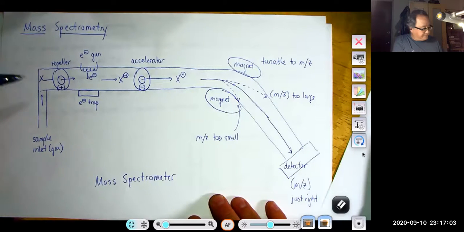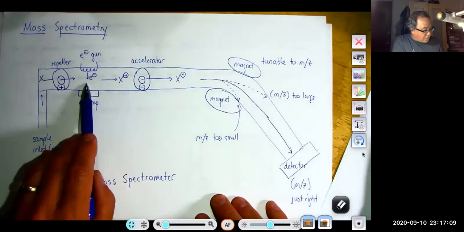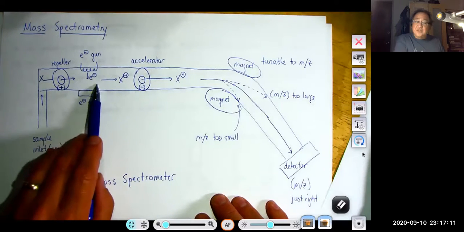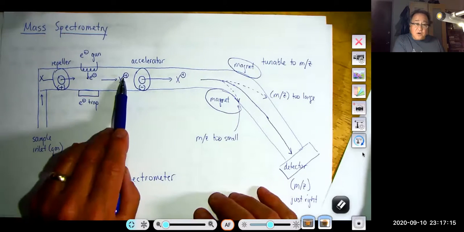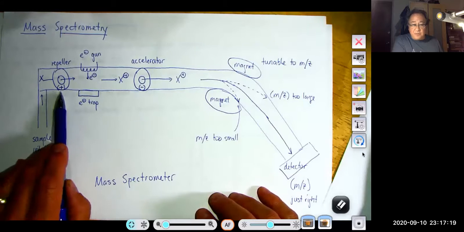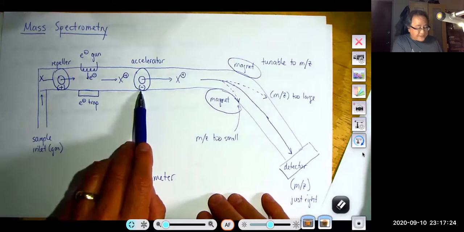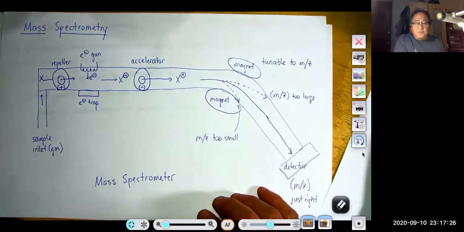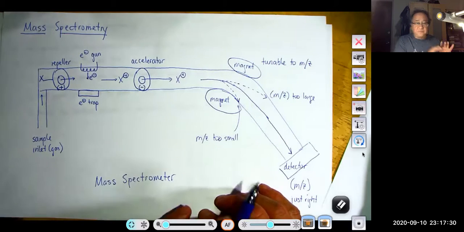Okay, so imagine that you have a positively charged particle here now because an electron has been taken off of it. That positively charged particle will be repelled by the repeller, and hence the name repeller. It will be attracted by the accelerator, and hence the accelerator. Your book may show you that you have more than one accelerator plate.